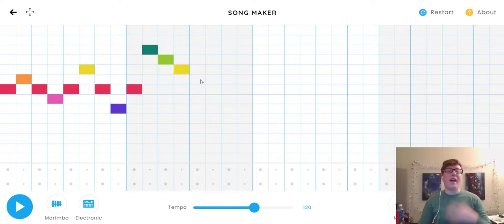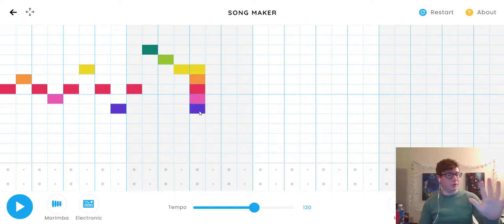Let's start somewhere else and check it out. Let's start on yellow. And let's try going down this time. So we're doing another fifth. Yellow is 1. Orange is 2. Red is 3. Pink is 4. And purple is 5. So now we have the interval of a fifth in here.